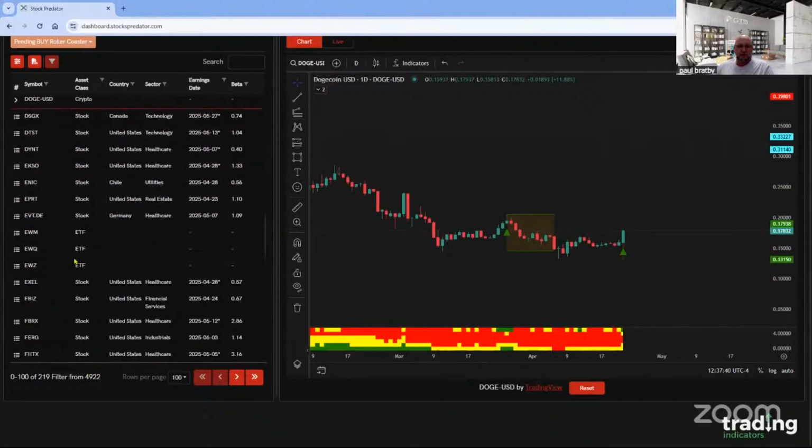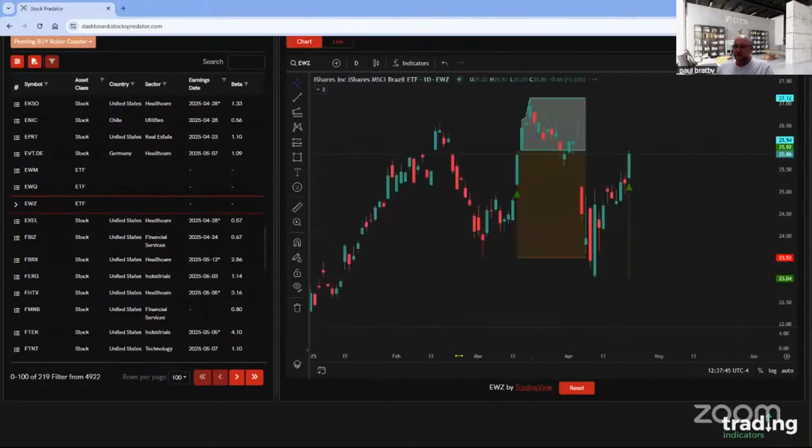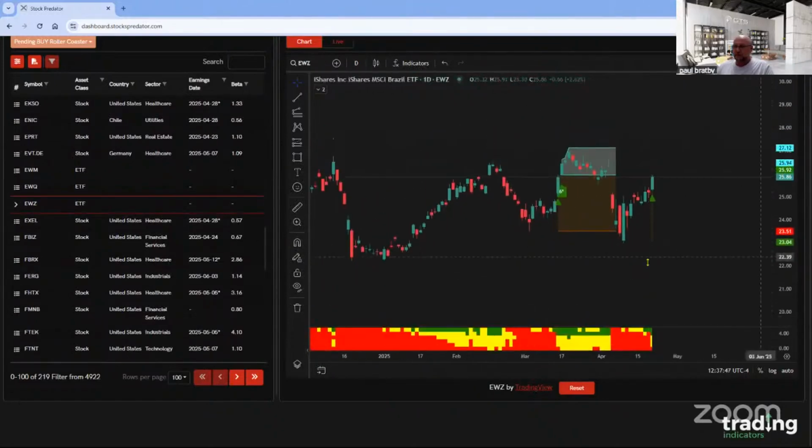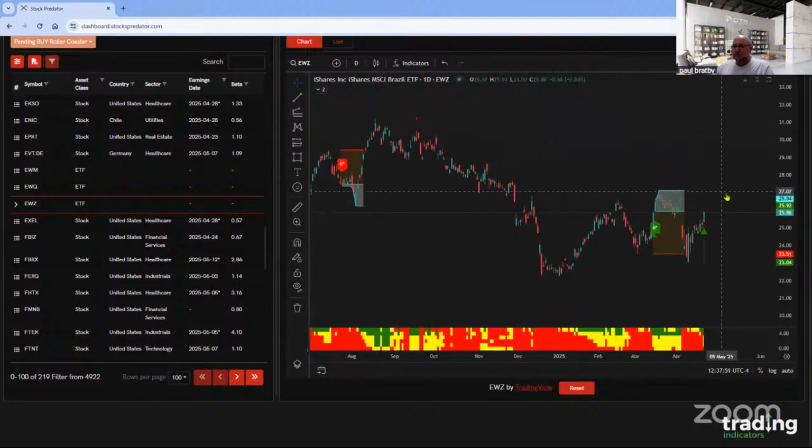We've got some ETFs in here. Look at some of these ETFs. Not a great deal of fresh air, but if it can clear 27.12, it's going to go to $31. Again, that could be a good one, and that's an iShares MSCI Brazil.